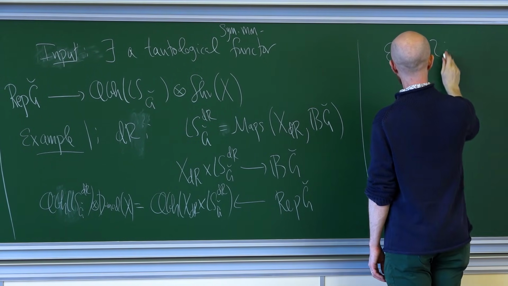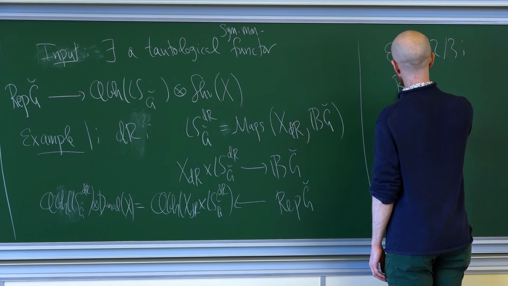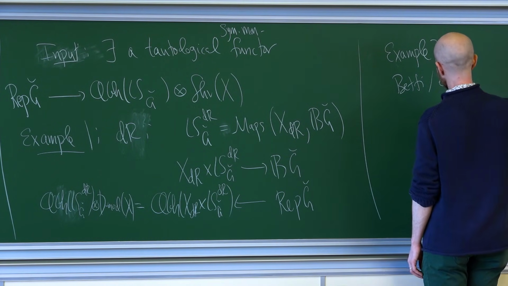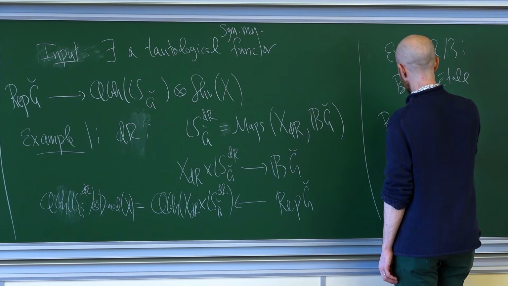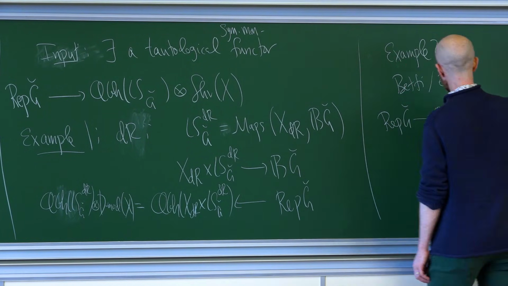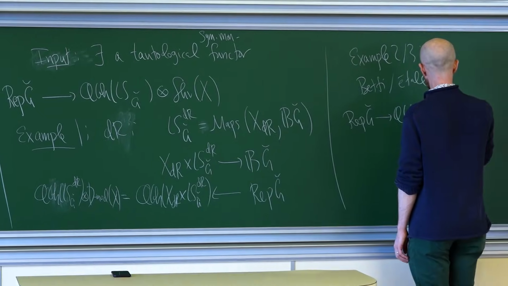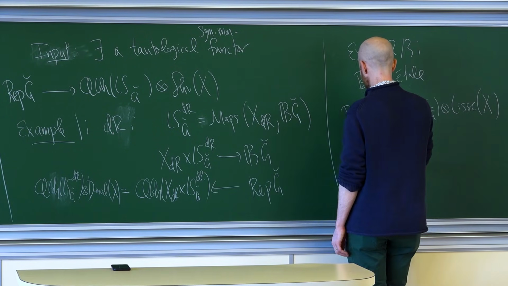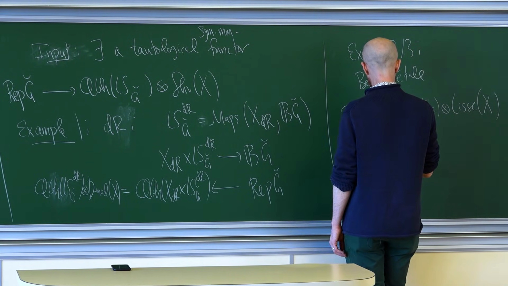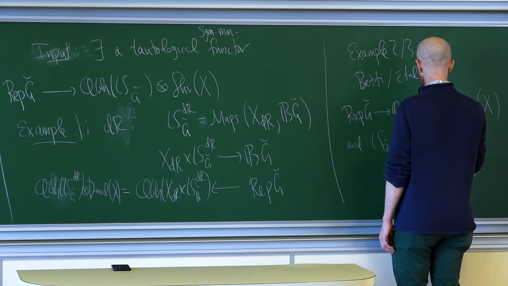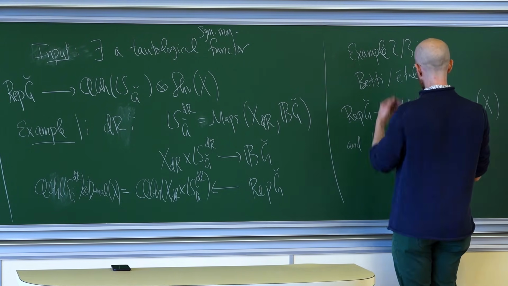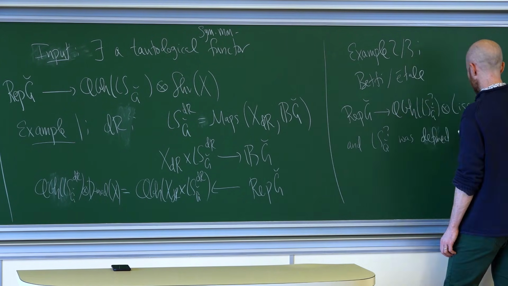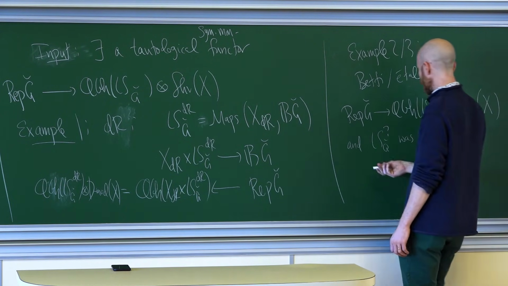So examples 2 and 3 are in the Betti and étale worlds. Actually, I have a functor here from Rep G check to QCoh of LocSys G check tensor local systems on X. And LocSys G check was essentially defined, well, it was defined in the étale world, to be universal for receiving such a functor.